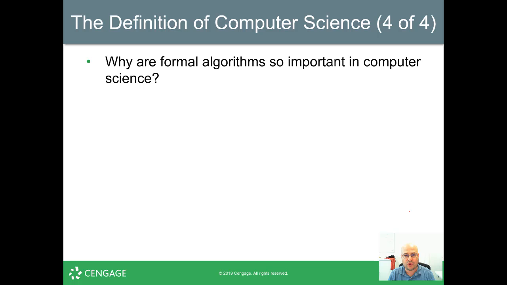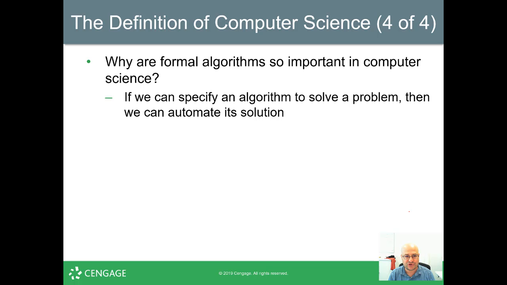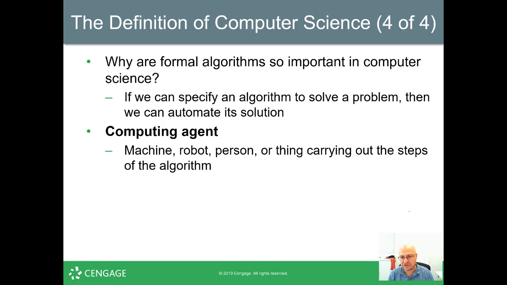Okay, so definition of computer science. Why are formal algorithms so important in computer science? Well, as I said, if we can specify an algorithm to solve a problem, then we can automate its solution. So there is this idea of a computing agent, a machine, a robot, a person, or a thing carrying out the steps of the algorithm, right? If the algorithm is correct, then I can use any type of machine, a robot, or another person to solve the same problem.